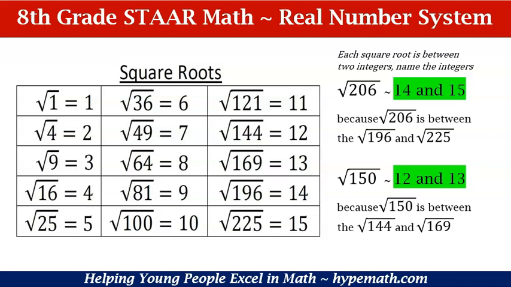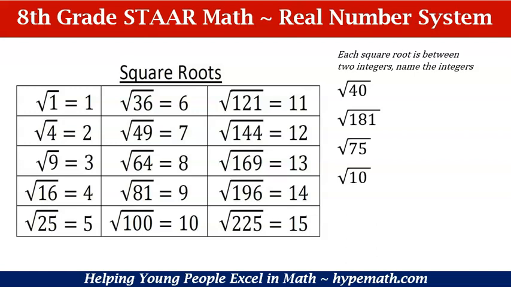The square root of 144 is 12, and the square root of 169 is 13. And that is how you find the integers when you're given a square root, finding the integers where it would fall in between. Let's try some other problems on our own.